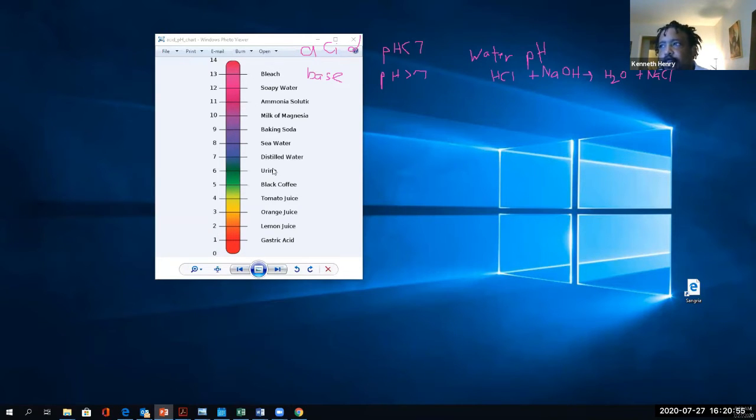If we had used this scale. Now, there are various indicators. There are tons of different indicators out there. One, like I said, is called the universal indicator. It changes multiple colors. Some of them are clear under certain points, and then they'll change color at a different pH.